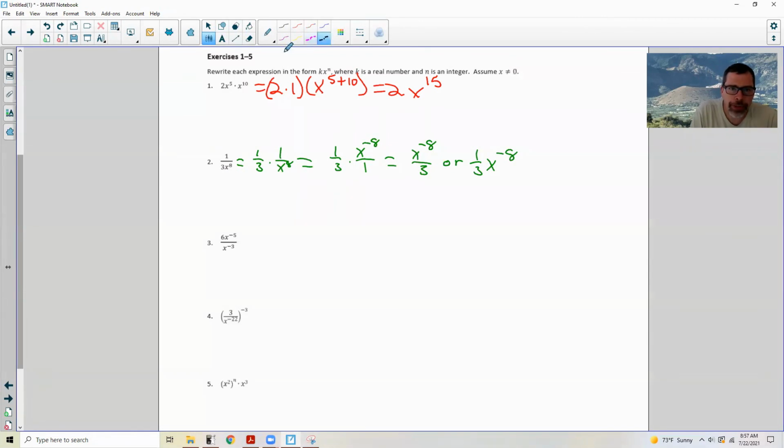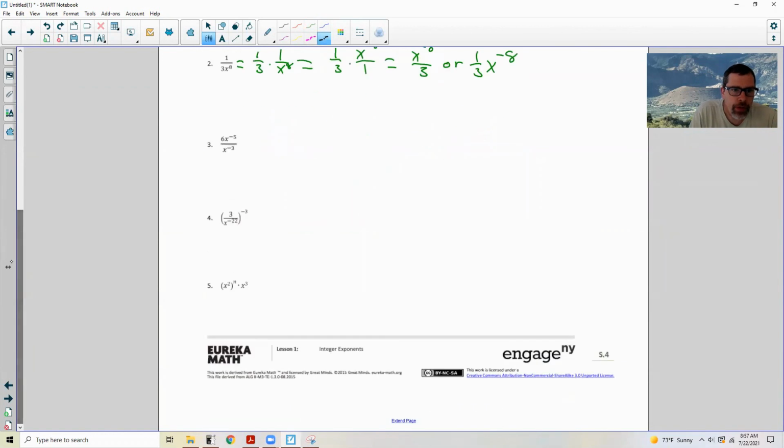All right, number 3. Again, that's interesting. 6 over 1. Okay, I'm going to isolate the coefficients. Times x to the negative 5 over x to the negative 3.